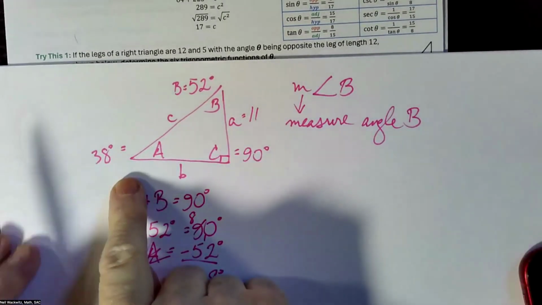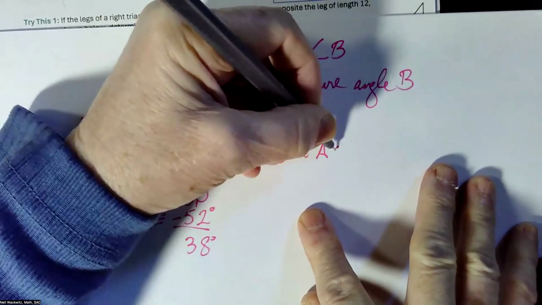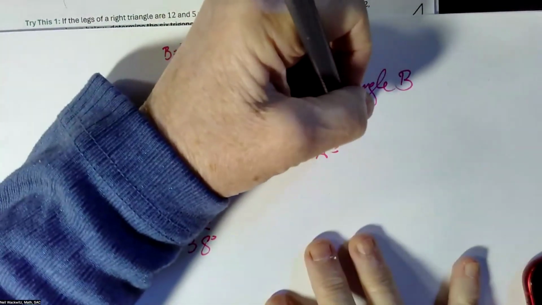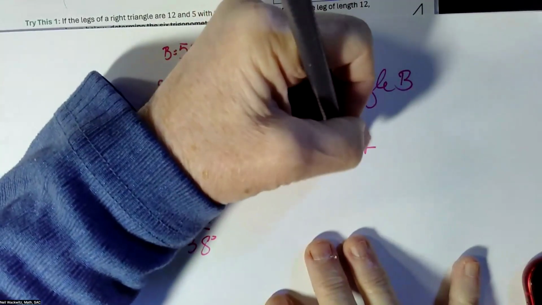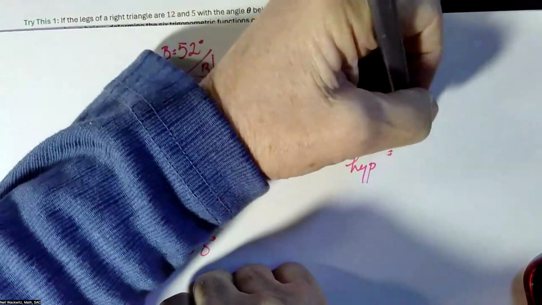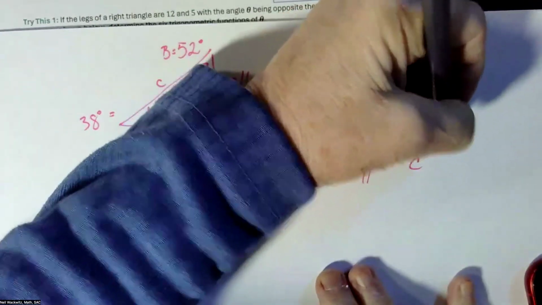We can say that the sine of A is opposite over hypotenuse. And the opposite is A. The hypotenuse is C. So A is 11.